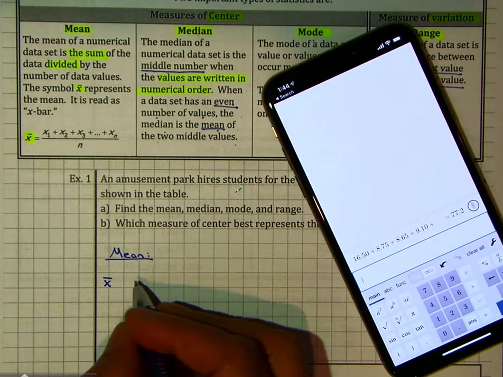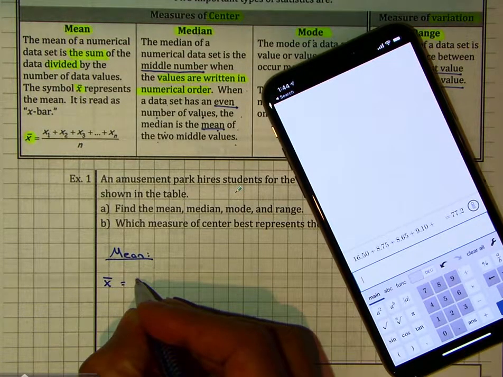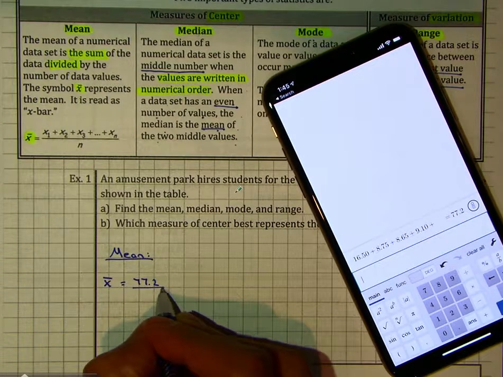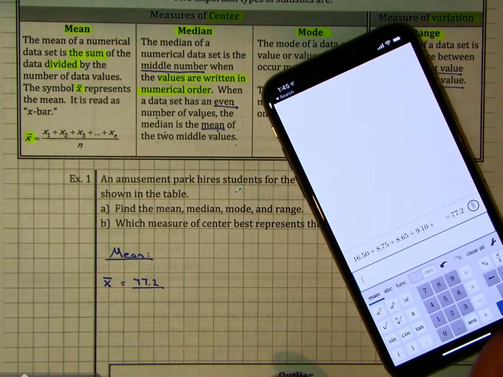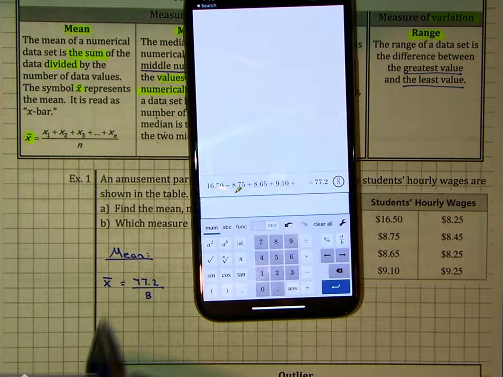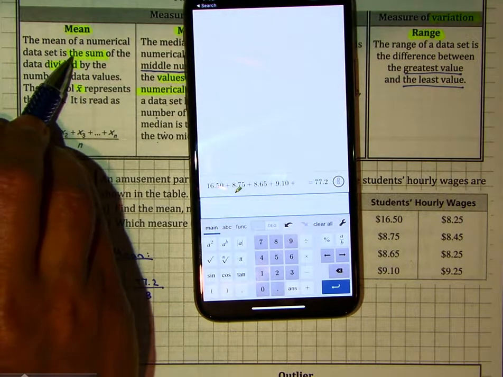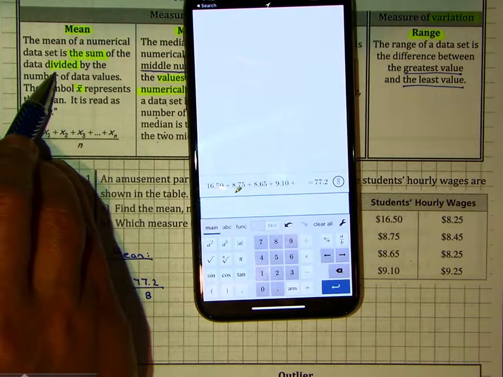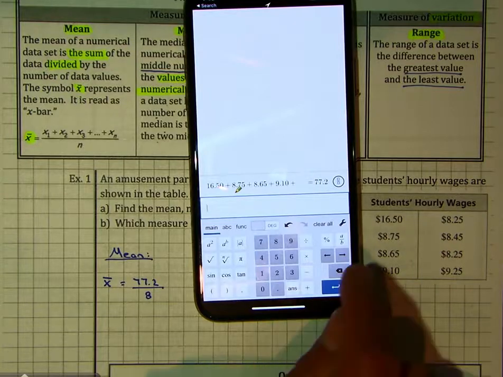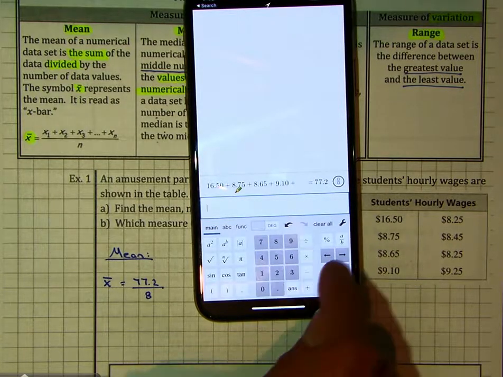If you add up all the numbers, that'll be 77.2. Make sure you write that on your homework. Then, how many numbers did we add? 8, so we're going to divide by 8. In order to find the mean, we find the sum and divide it by how many items we have. In this case, we have 8. I'm just going to use my division.